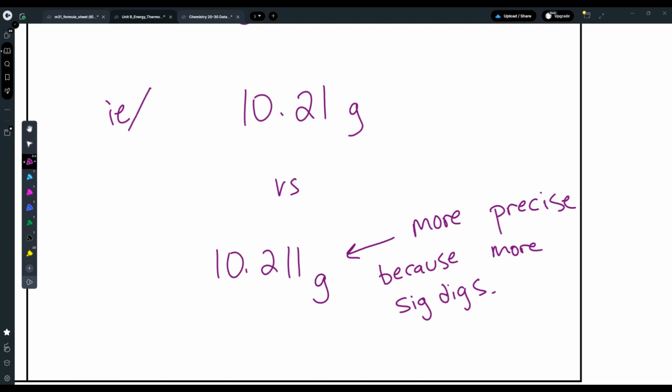The more digits you have when you're measuring out your reactants, the more digits you can have in your final answer when you calculate how much product you should be getting from a certain amount of reactants, right? So sig digs, when you're in the lab, come from the precision of the instruments you're using to measure your reactants or your substances in general.